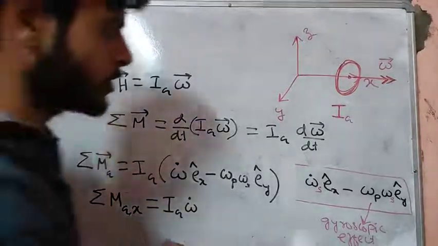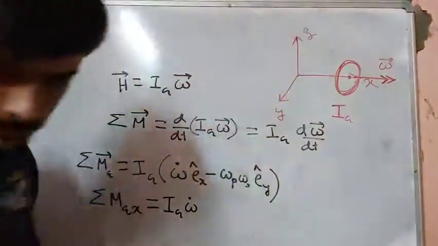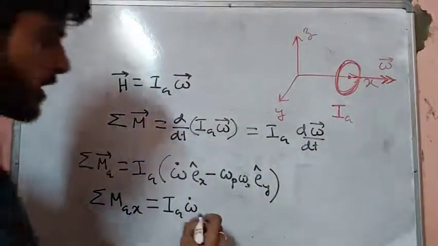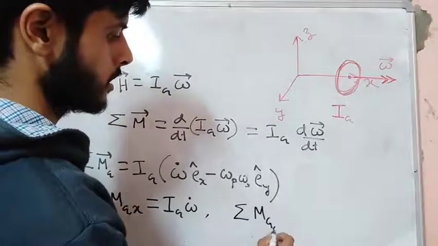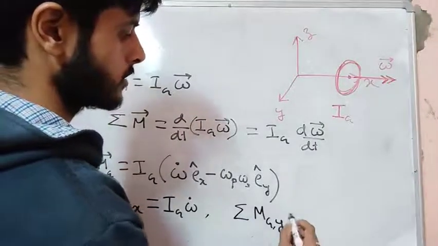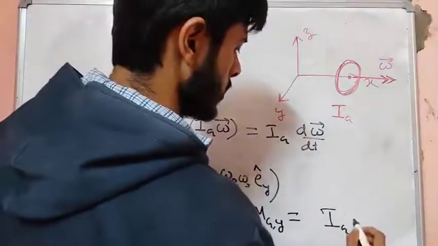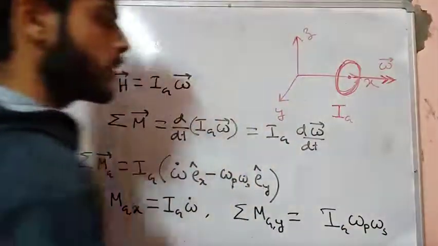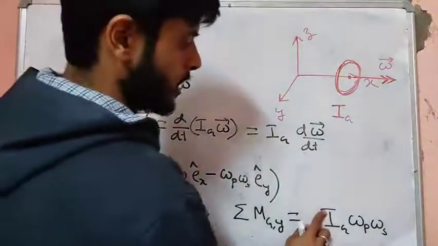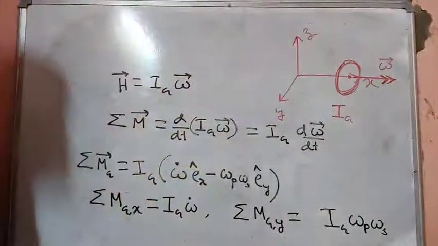And the second equation we get is that the net sum of all external moments along the y direction is equal to Ig omega p times omega s.